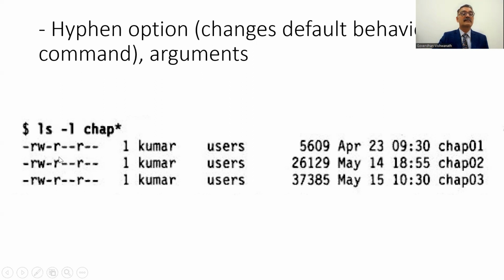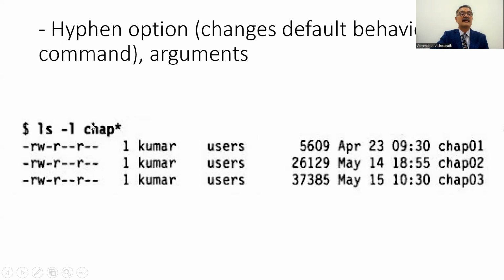The first 10 columns show rw dash, r dash dash, r dash dash. We'll understand this; these are called permissions. And then users, and what are all these details? There are 1, 2, 3, 4, 5, 6, 7, 8 columns. Since I've used star also, chap star, it lists only file names with CHAP followed by any combination.